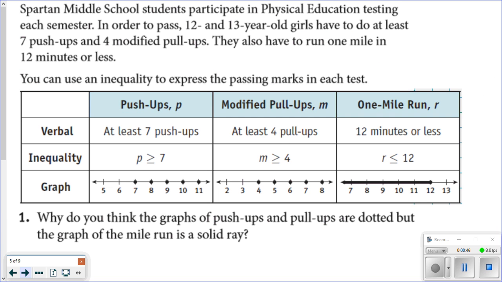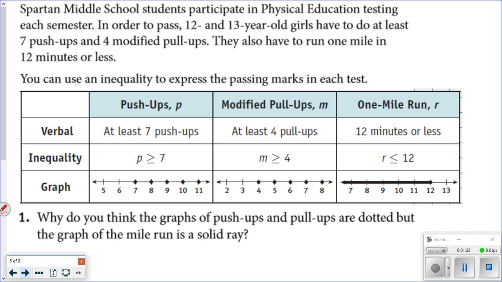If we're looking at this table, this is showing us that Spartan Middle School students need to take a physical fitness test in their gym class, and in order to pass, 12 and 13-year-old girls need to do at least 7 push-ups. So if you look at the verbal description in the first row, at least 7 push-ups, the inequality underneath that is P push-ups must be greater than or equal to 7.